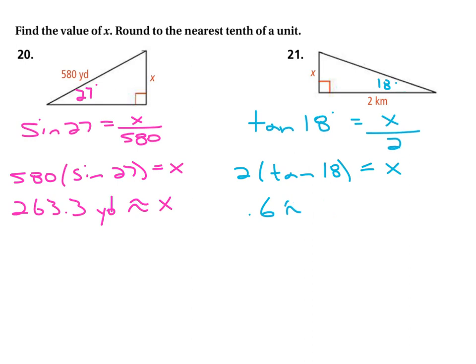Oh, and actually, you know what I forgot there? I could say 0.6 what? It is 0.6 kilometers. When we know the units, we have to include them. Yep, and that's what you get for number 20 and 21.